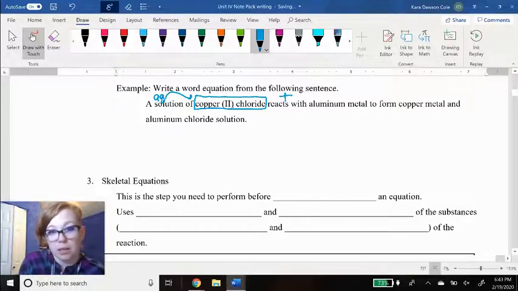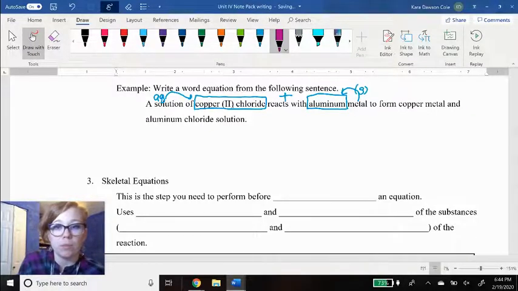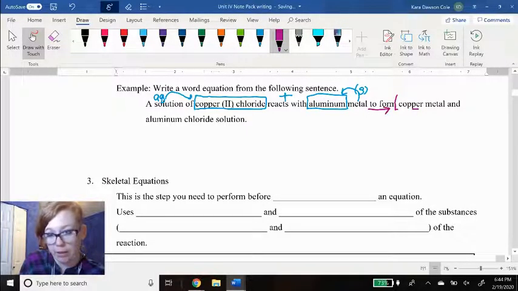This is another reactant, aluminum metal, and metal is going to be solid. To form is going to be my arrow. And then I'm going to have copper, and it's a metal, so this is going to be a solid again.